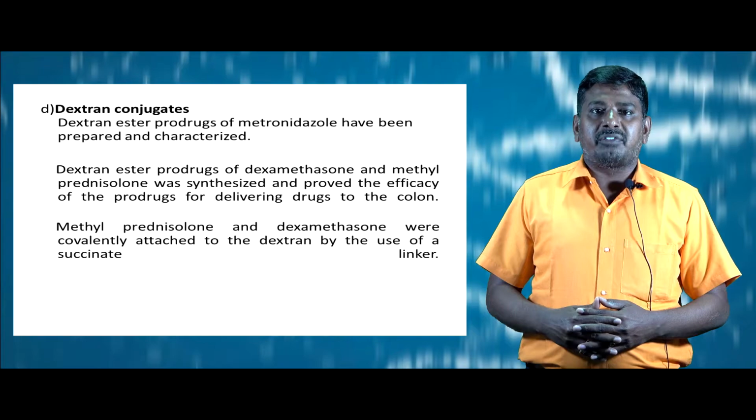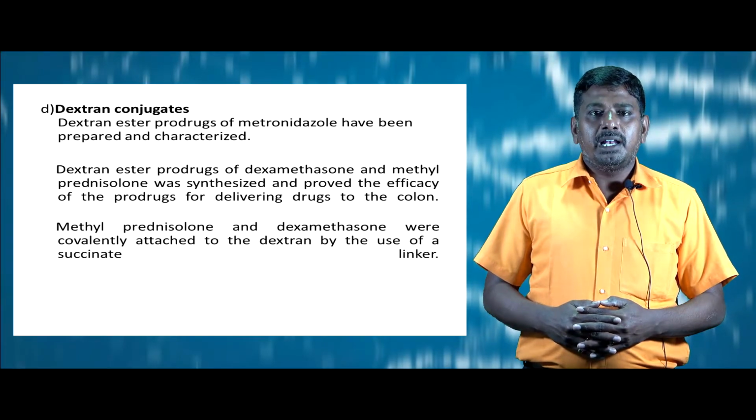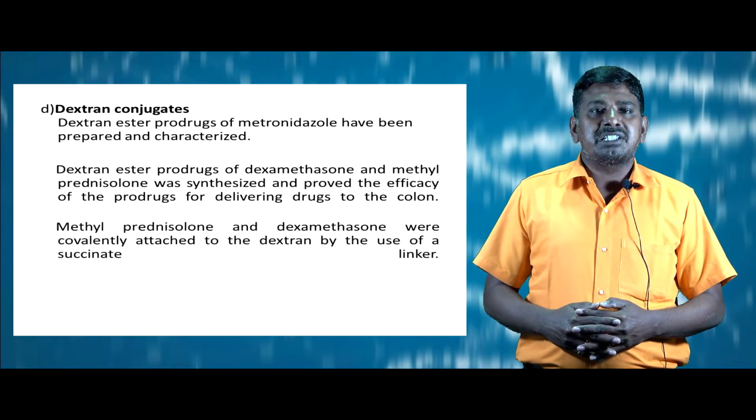That is, the therapeutic effect of the prodrugs is delivering the drugs to the colon targeted drug delivery system. Methylprednisolone and dexamethasone were covalently attached to the dextran by the use of a succinate linkage.